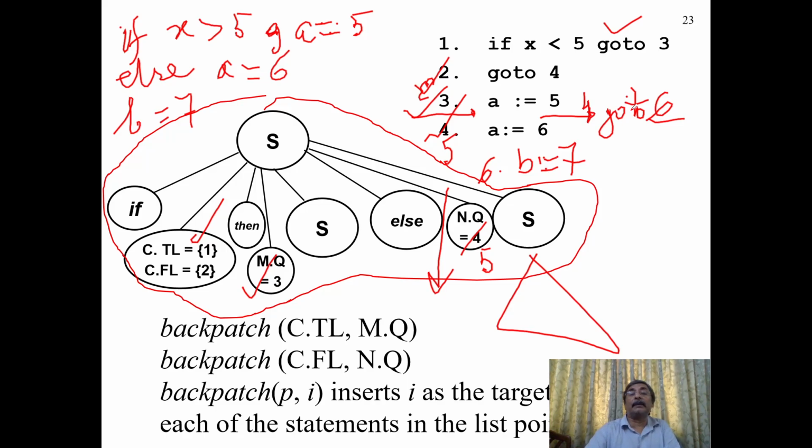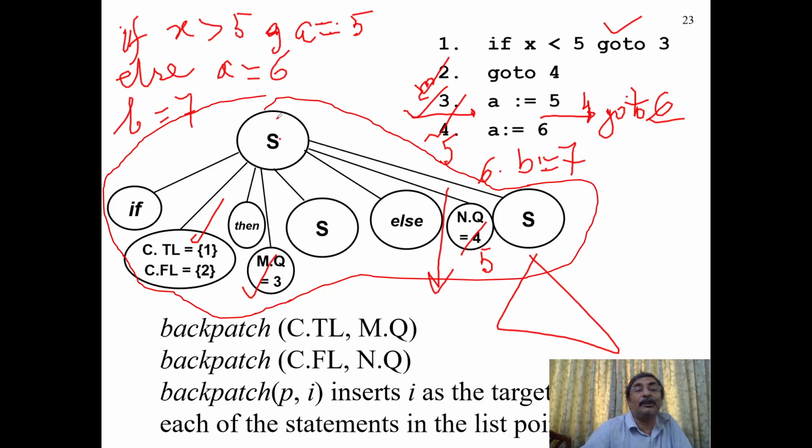Who should remember that in line number 4 there is an incomplete goto? S should remember that, and this will be detailed when you talk about compound statements. We just talked about, frankly speaking, simple statements. We need to talk about conditional statements as well.